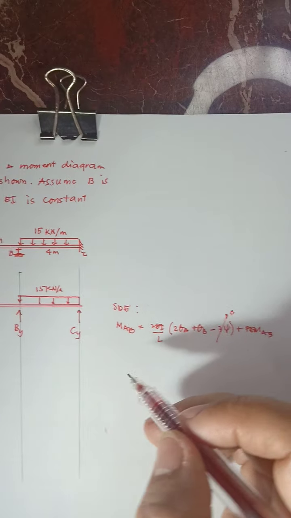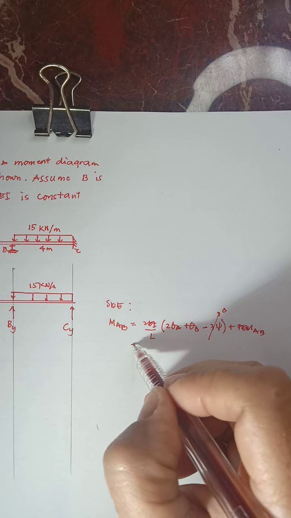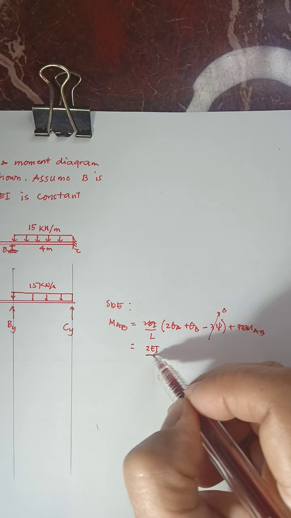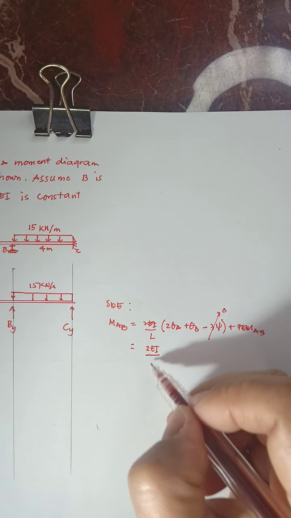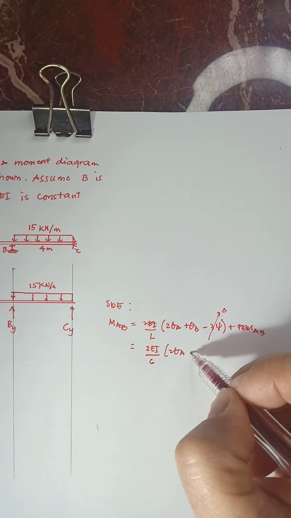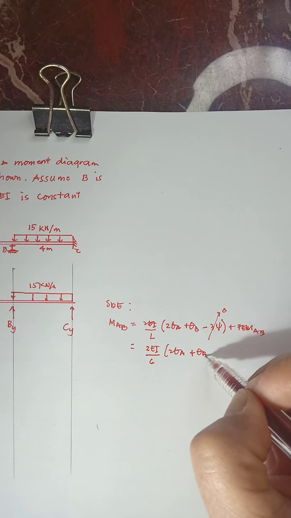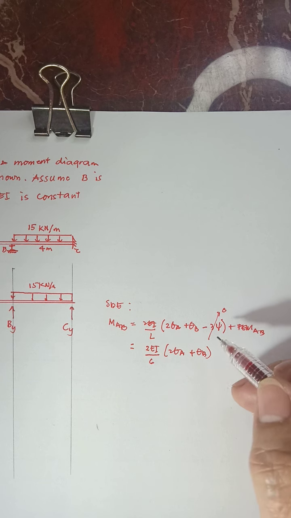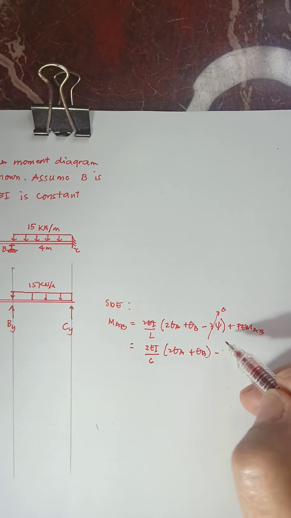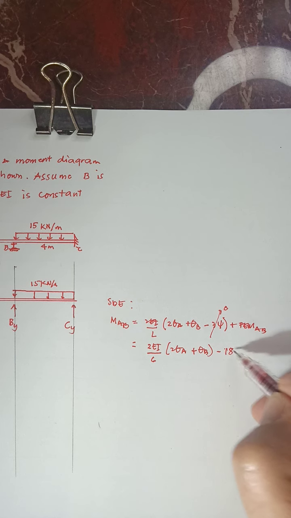Okay. So, we have now MAB equal to 2EI. Ang L sa AB is 3 ug 3, 6 meters times 2 theta A plus theta B. Nga itong fixed end moment AB is minus 18.75. Okay.